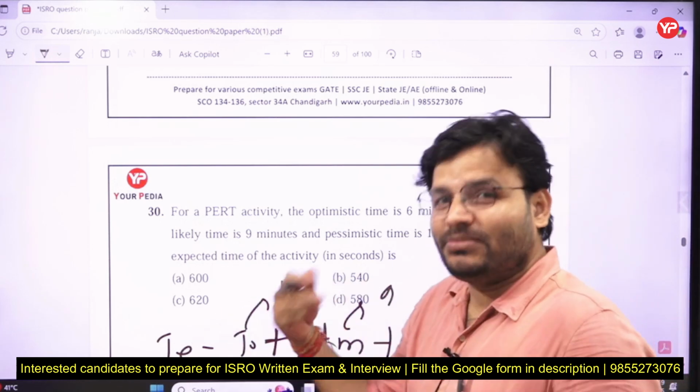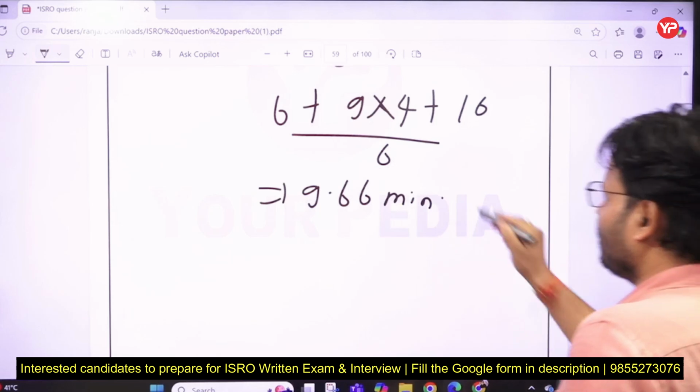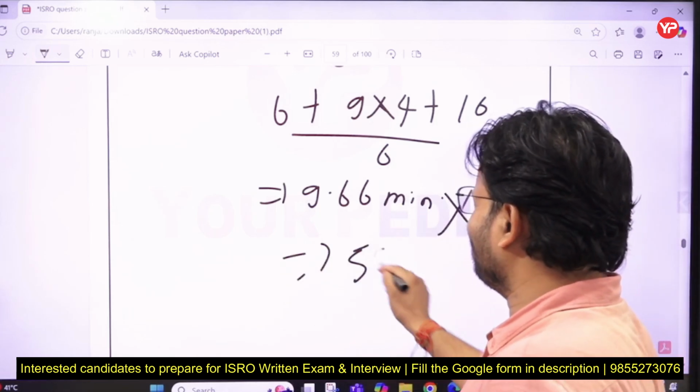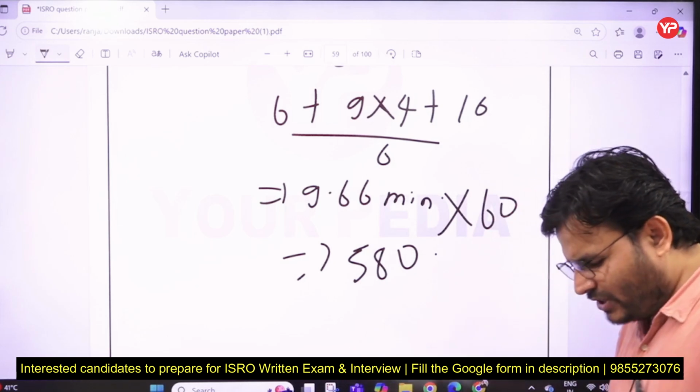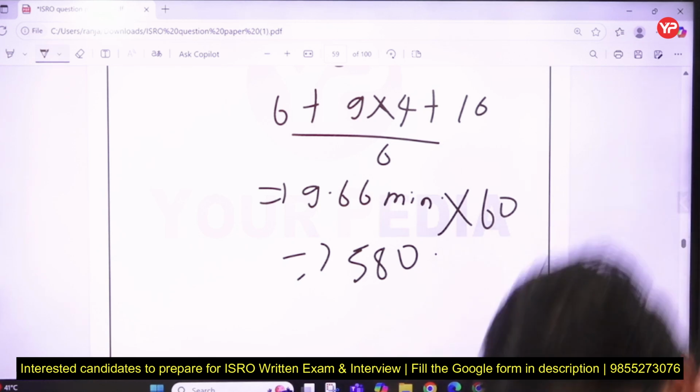So convert minutes to seconds, just multiply by 60. How much does it come out to be? I think 580, you can check it. Approximately it comes out to 580 seconds.